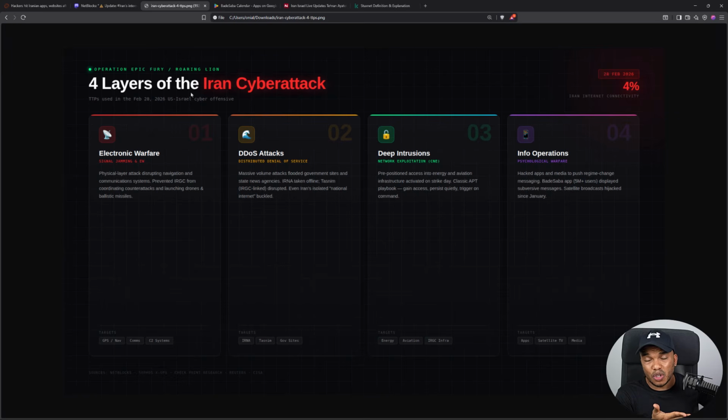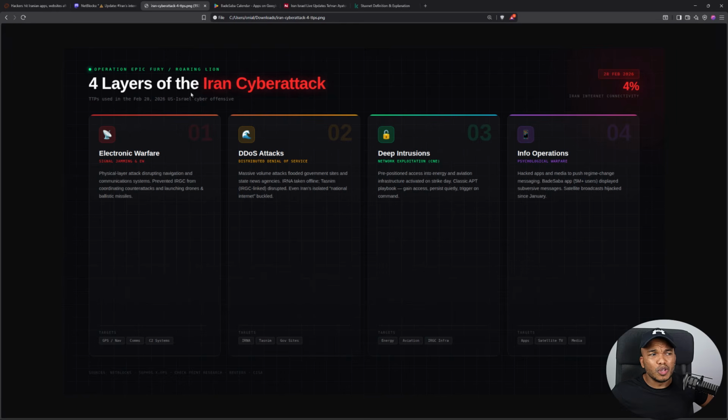But this just goes to show right now that cyber warfare has become a major part of any kind of military campaign. I guarantee you that if one country wants to invade another, some sort of cyber warfare campaign will be launched ahead of those attacks.